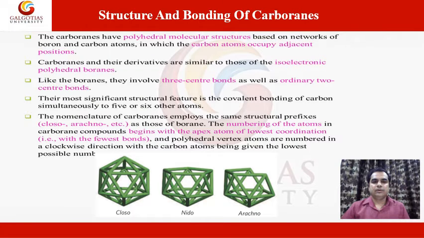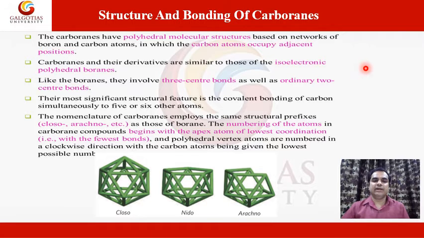Now come to the structure and bonding of carboranes. How we can identify the structures of different carboranes and what type of bondings are present in carboranes, we will discuss in the slides. Carboranes have a polyhedral molecular structure based on a network of boron and carbon atoms, in which carbon atoms occupy adjacent positions in different structures.